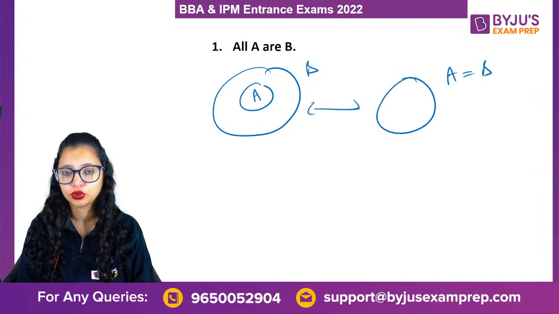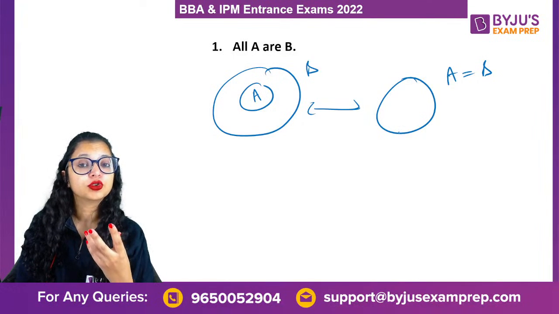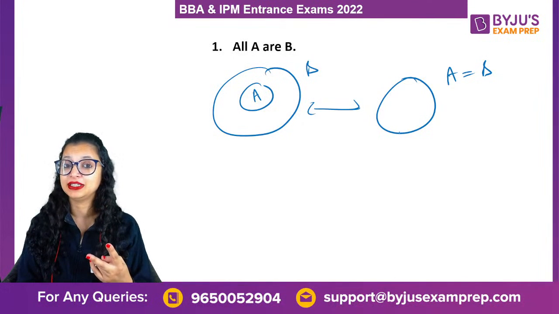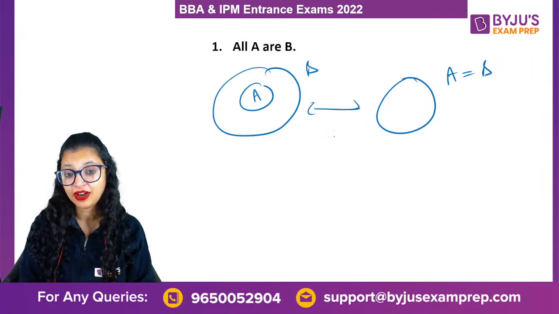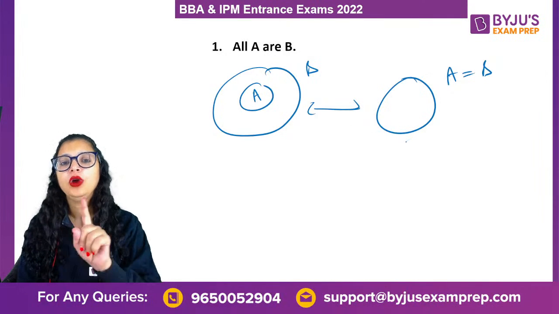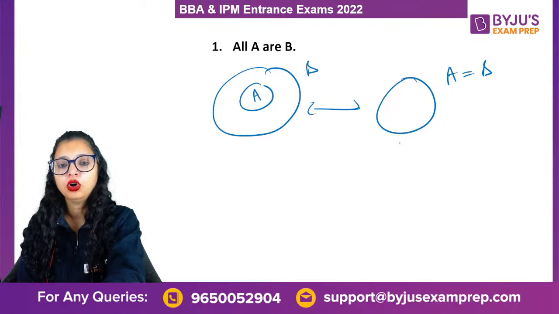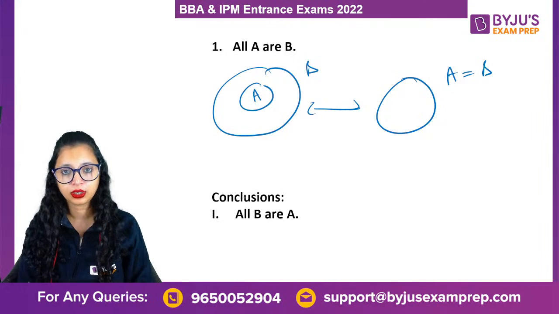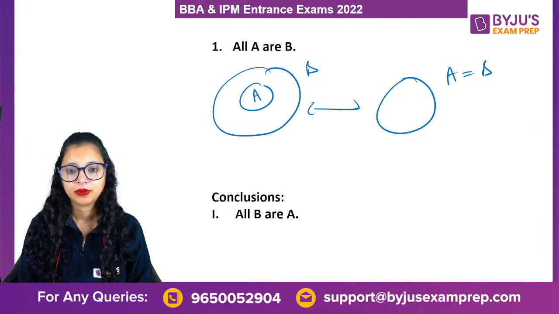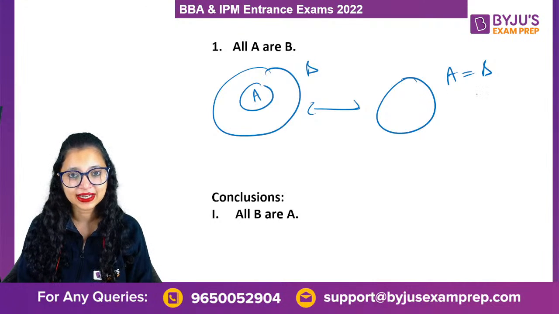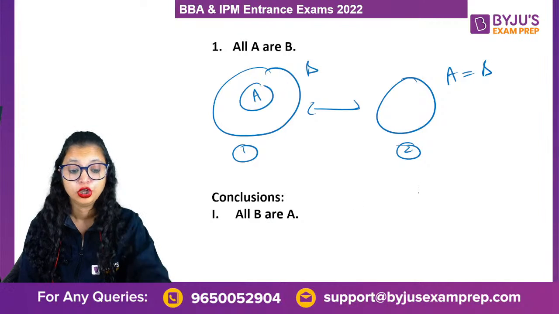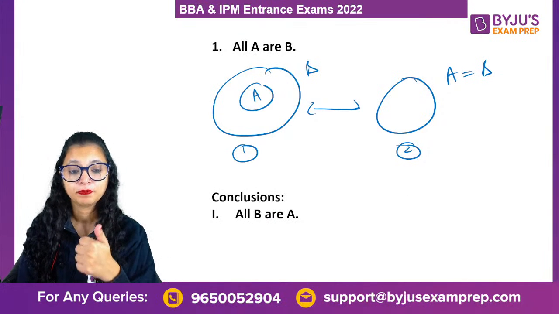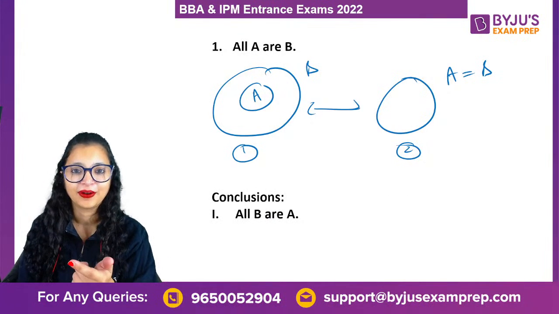And when we make both of them, while we derive a conclusion, we'll have to look at both the possibilities. And a conclusion that satisfies both the possibilities will make the answer correct. So, the conclusions we were given were, first, all B are A. All B are A is true in the second Venn diagram. But in the first Venn diagram, it's not true. So, the conclusion all B are A is going to be wrong.